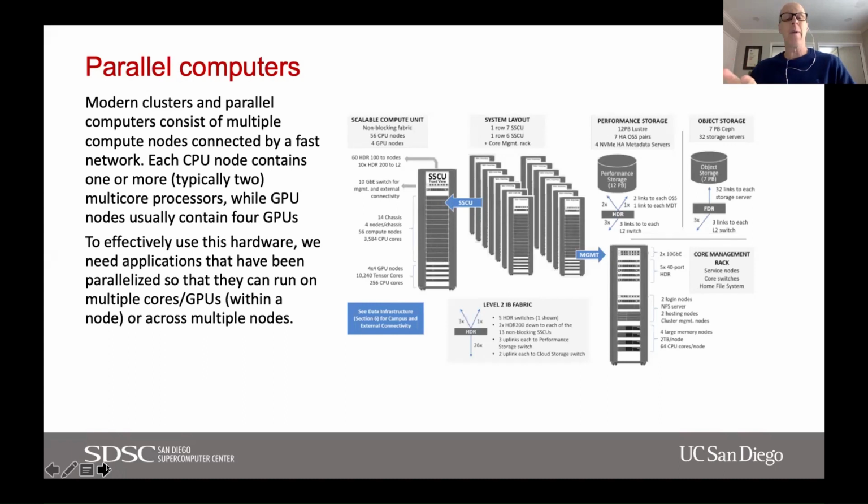And in order to use this hardware, we need applications that have been parallelized so they can run on multiple cores or multiple GPUs. We're interested both in running across multiple cores or GPUs within a node and across multiple nodes. What I'm showing here on the right is just a high-level diagram of Expanse, our current supercomputer, showing the overall organization into nodes, racks, and so on.